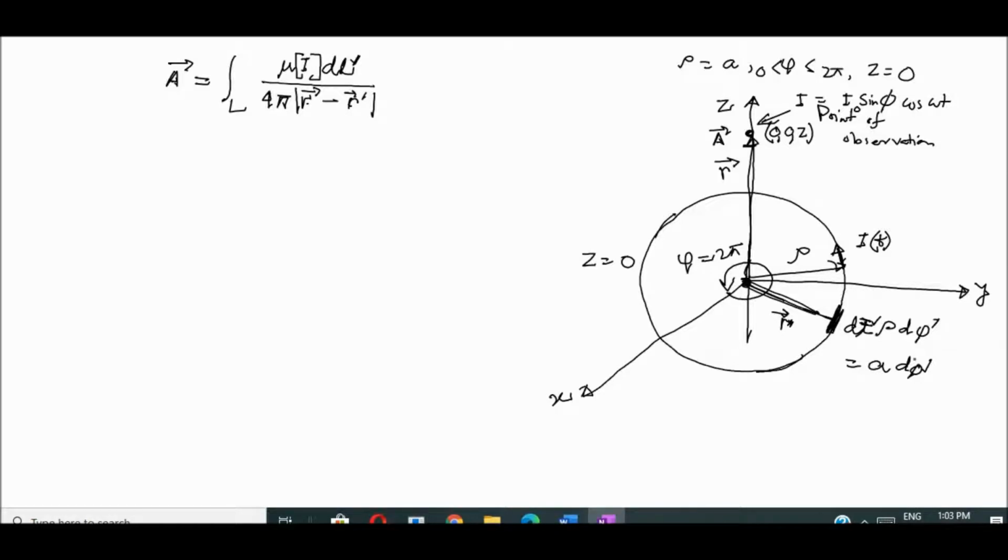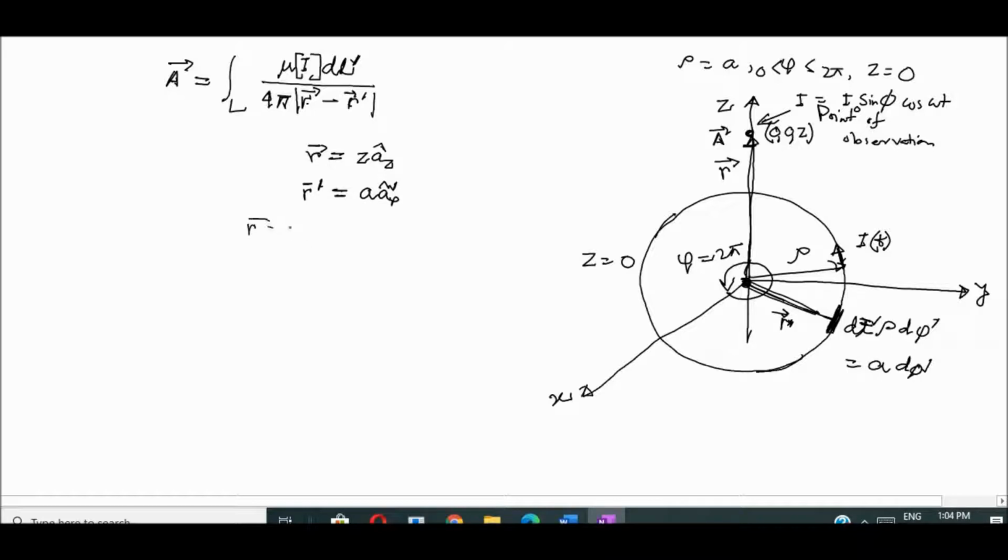So now we have to find r prime, and we already showed dl prime here. So let us find r. The position vector from origin to the observation point. Here you see the observation point has 0, 0, and z, and the origin has 0, 0, 0. So you can write z a_z. And the position vector for any arbitrary point on the source is r prime equal to a a_rho prime.